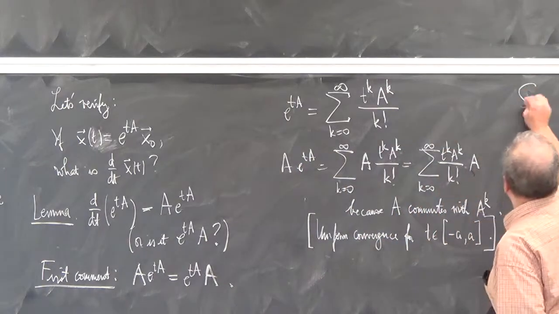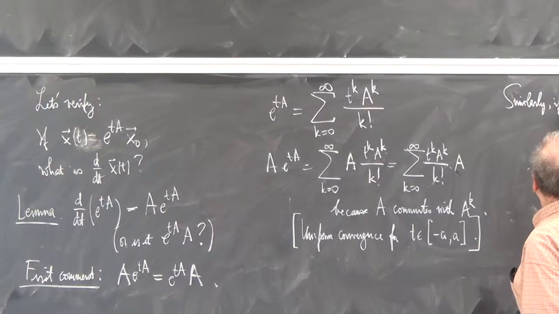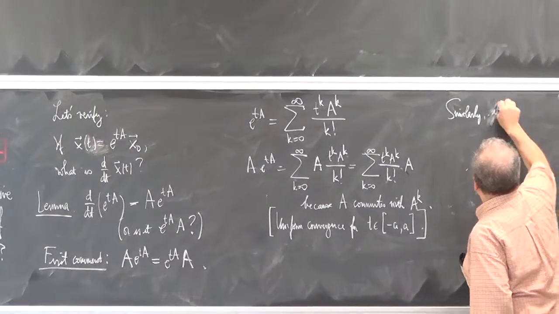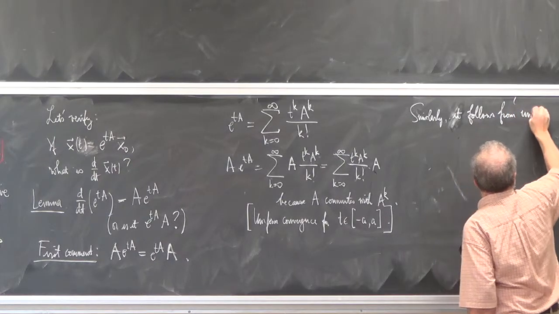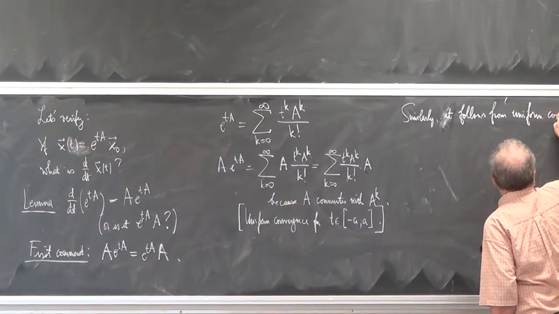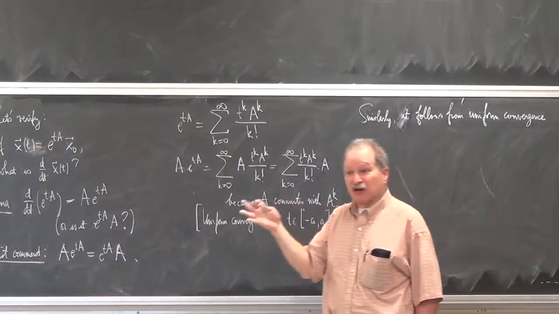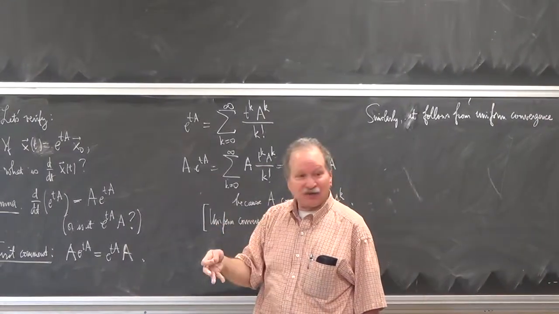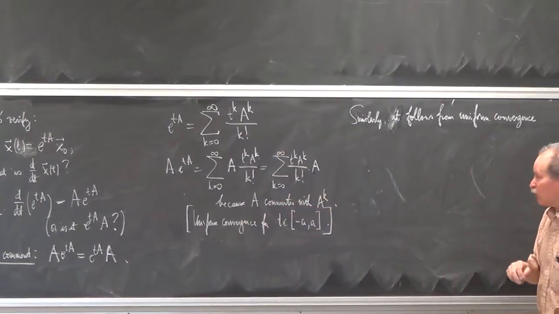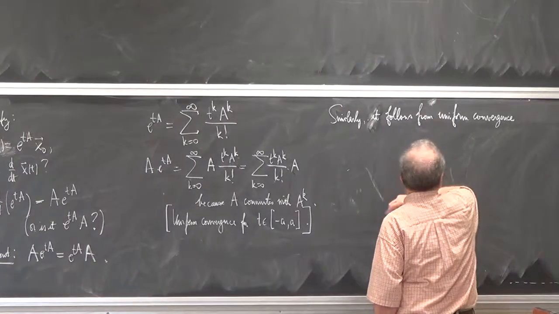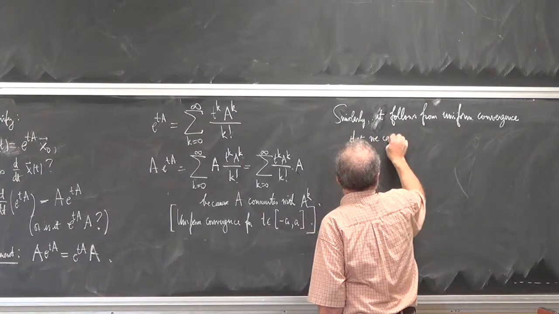Similarly, it's a fact that follows from uniform convergence that you can differentiate a power series term by term, and when you do that, you get the derivative of the power series. That is proved in 3100, and definitely proved in 2410.